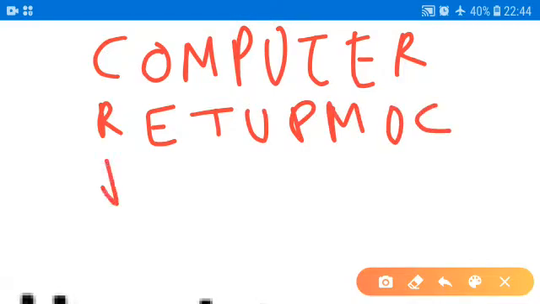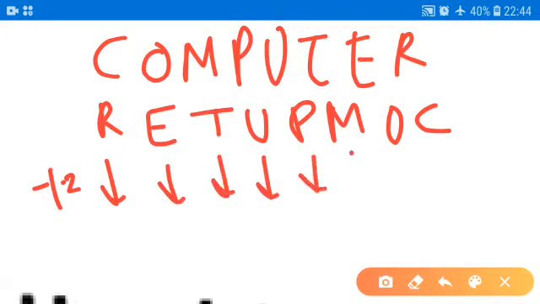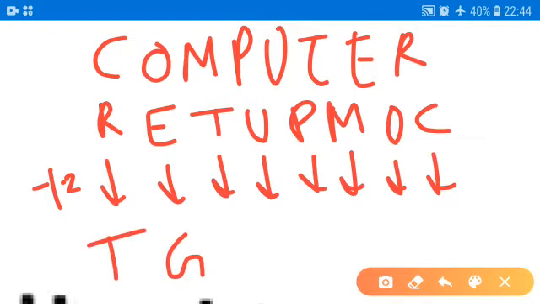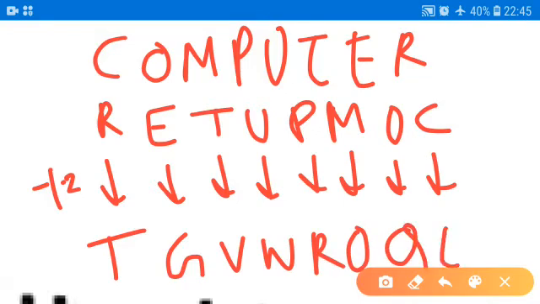Now adding 2 to each alphabet and moving forward, what you will get is R, then S, T, then E, F, G, then T, U, V, then U, V, W, then P, Q, R, then M, N, O, similarly Q and E here.